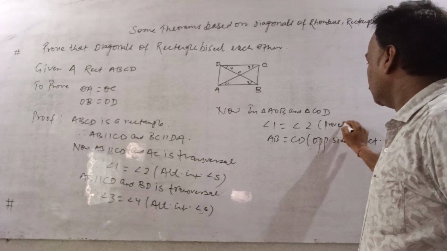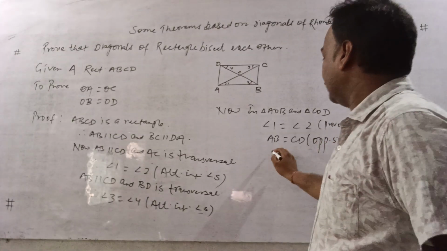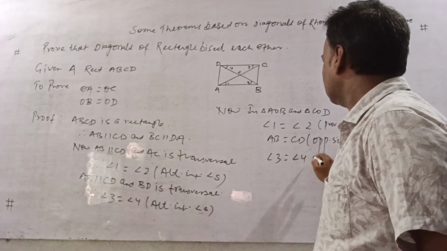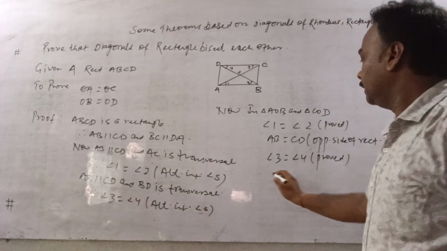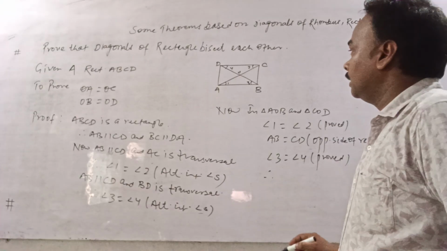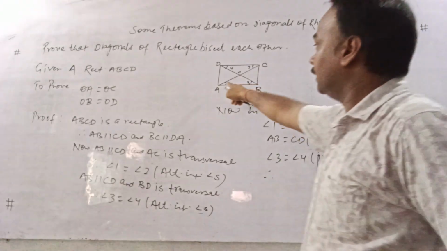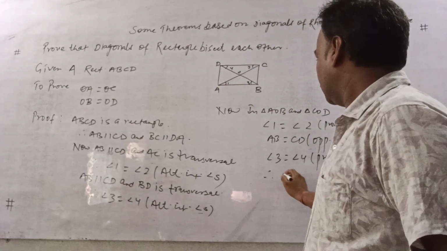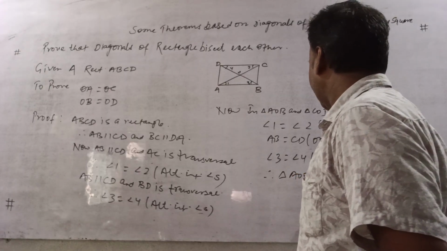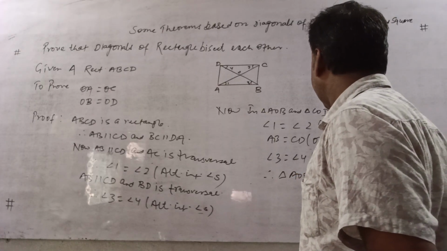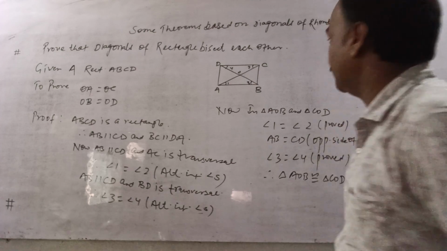Angle 1 equal to angle 2 we have proved, and angle 3 is equal to angle 4, this also we have proved. Therefore, by ASA, angle side angle, triangle AOB is congruent to triangle COD.